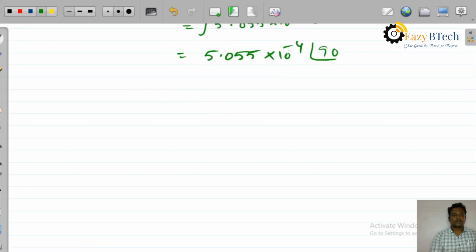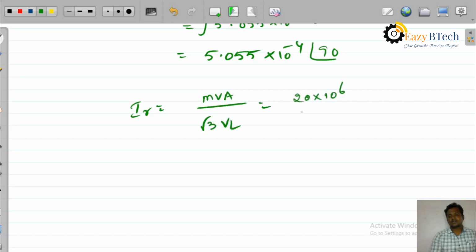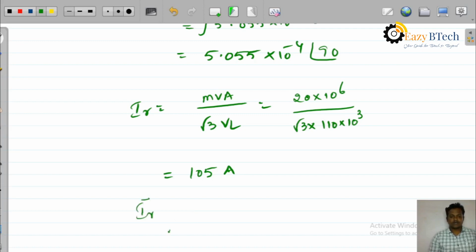Now the current at the receiving end, IR, equals MVA divided by root 3 into VL, which is 20 into 10 power 6 divided by root 3 into 110 into 10 power 3. We get current equal to 105 amperes. Now the current vector I can represent as IR at an angle minus phi r, where phi r is cos inverse of 0.9, since the power factor is 0.9.